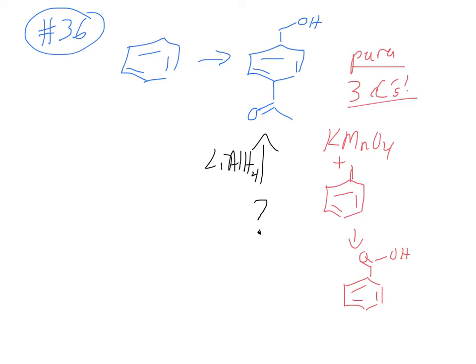Could that have worked? Could this have been a carboxylic acid? Could I have reduced this in the presence of a ketone? No, right? If I treated this molecule with lithium aluminum hydride, would a ketone stay there? No. So that's A. That doesn't work, so let's cross that out.